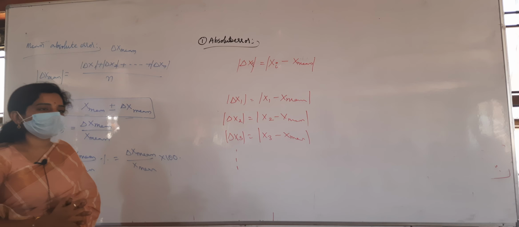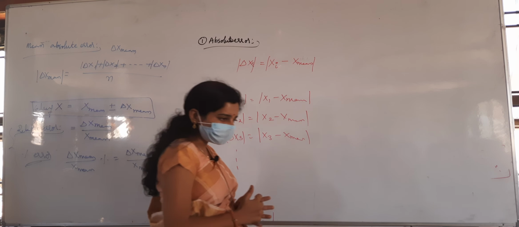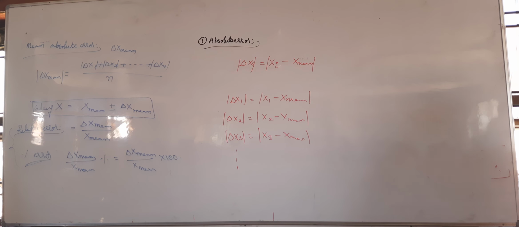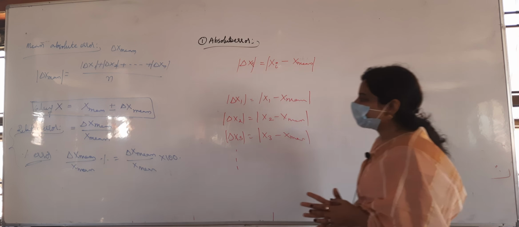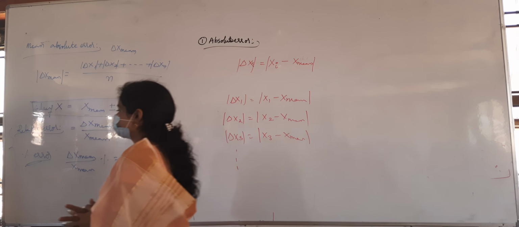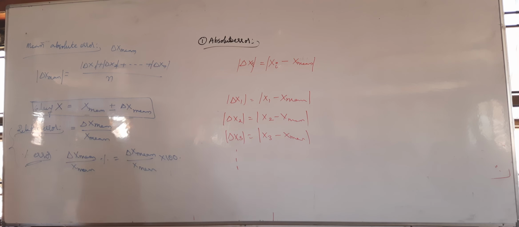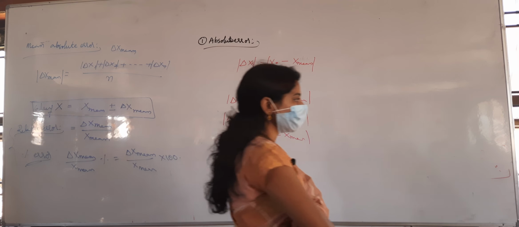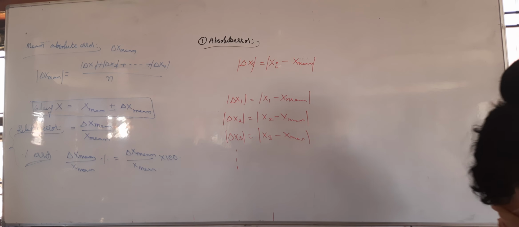Next one is relative error, important. Relative error is the ratio of mean absolute error to the mean value.